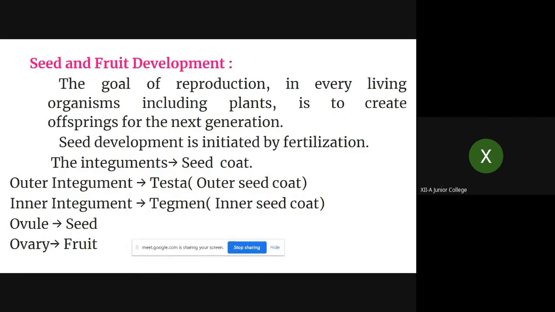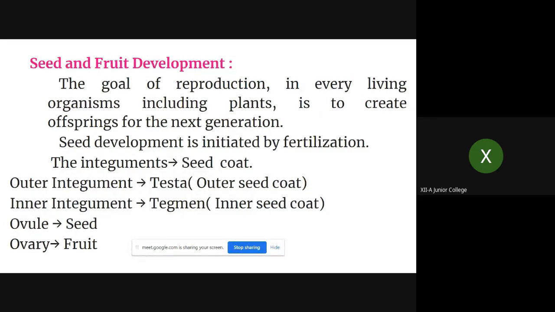That means first fertilization, syngamy, resulting in the zygote, which in further development gives rise to the embryo. And the second fertilization, that is the triploid primary endosperm nucleus, in further development gives rise to the endosperm. So both together give rise to what? Seed. So the ovule, the entire structure, gets converted into seed, and the entire ovary gets converted into fruit.